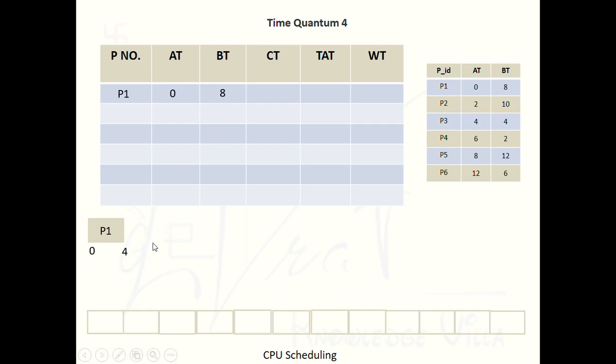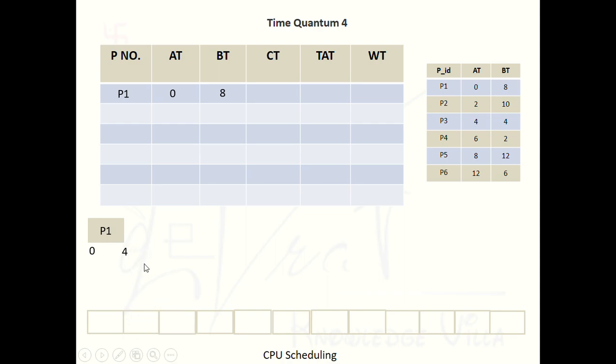Here P1 has to leave the CPU for the other processes, because after completion of the time quantum every process leaves the CPU for the other processes waiting for the CPU inside the queue. We will see if any processes are waiting in the queue or not.